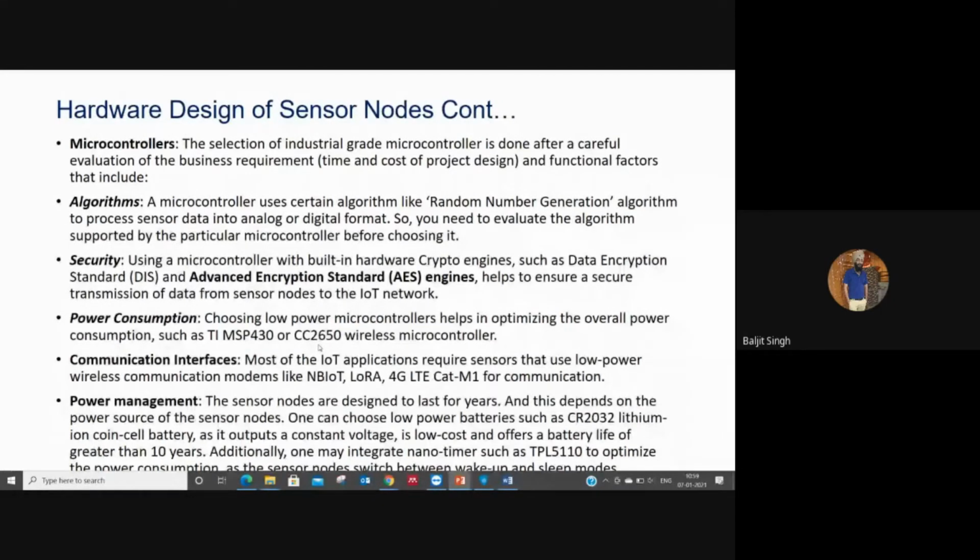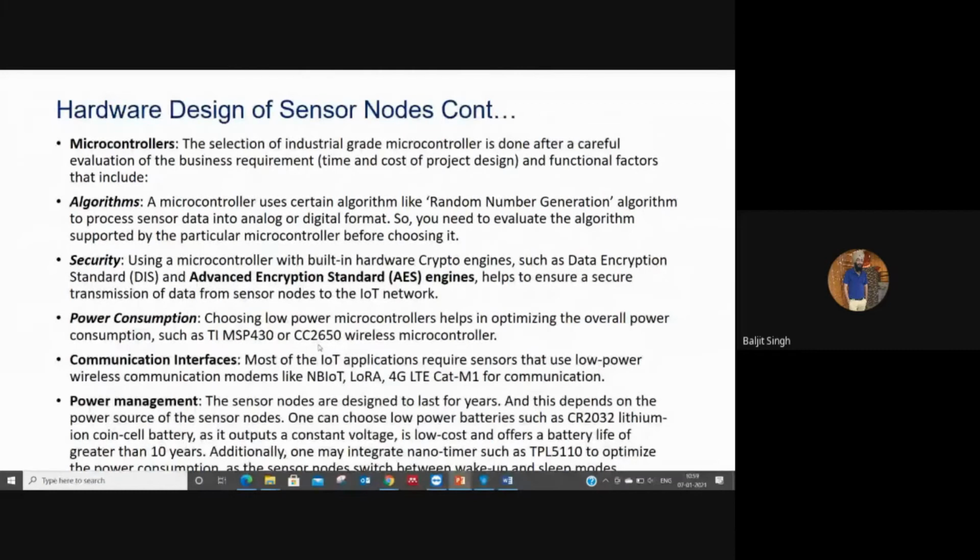Using a microcontroller with built-in hardware crypto engines, that means to stop the various virus and phishing attacks, there are hardware crypto engines also which are much more reliable than software based antiviruses, such as data encryption standard, DES, and advanced encryption standard, AES engine, which helps to ensure a secure transmission of data from the sensor node to the IoT network.